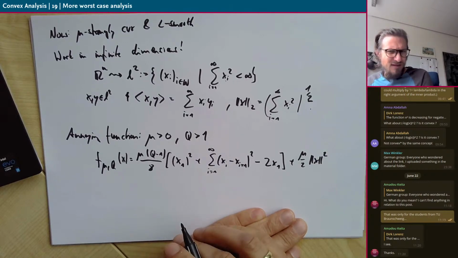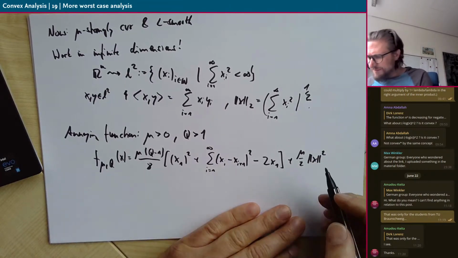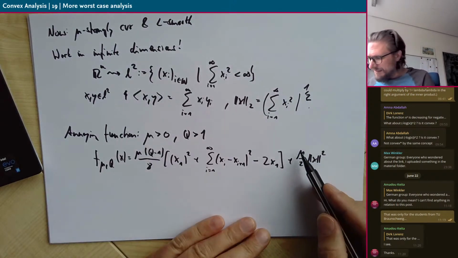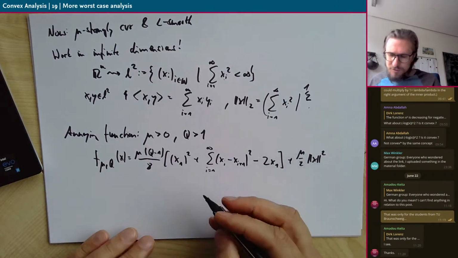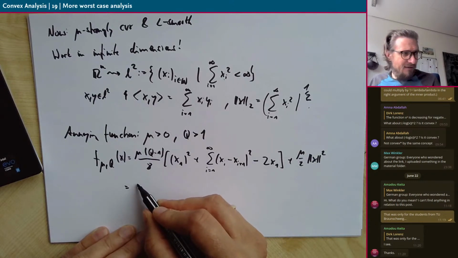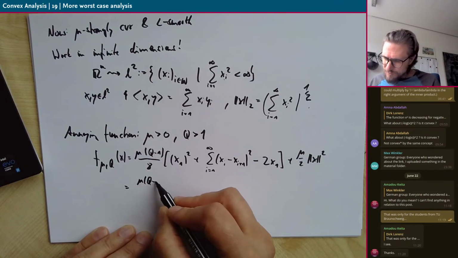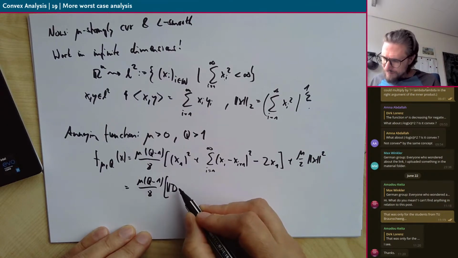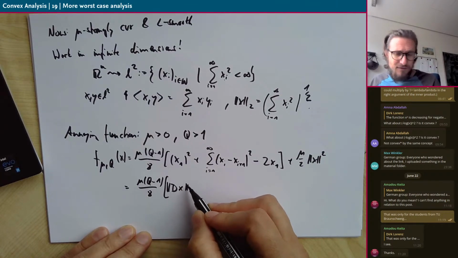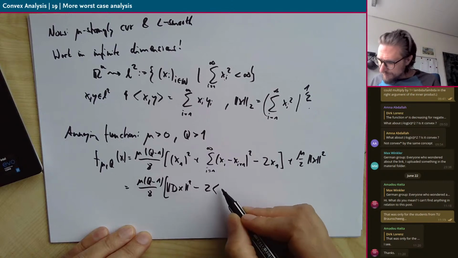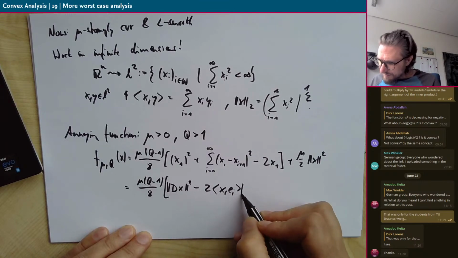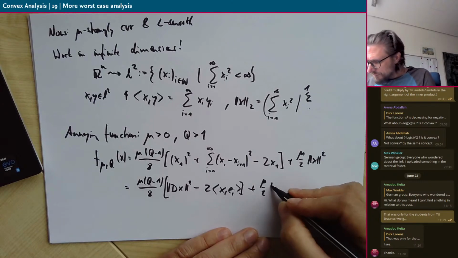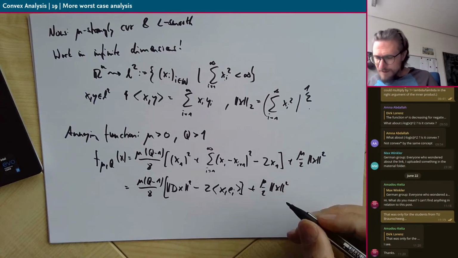Okay, so it looks a little bit like what we had before. Actually, it is more or less the same. The main difference is we have a different constant here. Now we're in infinite dimensions, and we have this guy over here. So we can again write this as mu times (Q minus 1) over 8 times the norm of Dx squared minus 2 times the inner product of x with e_1, plus mu over 2 times norm x squared.